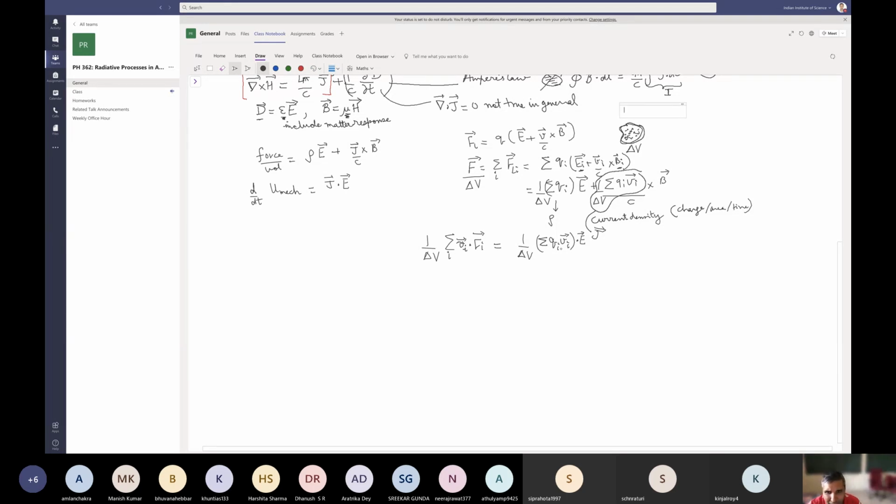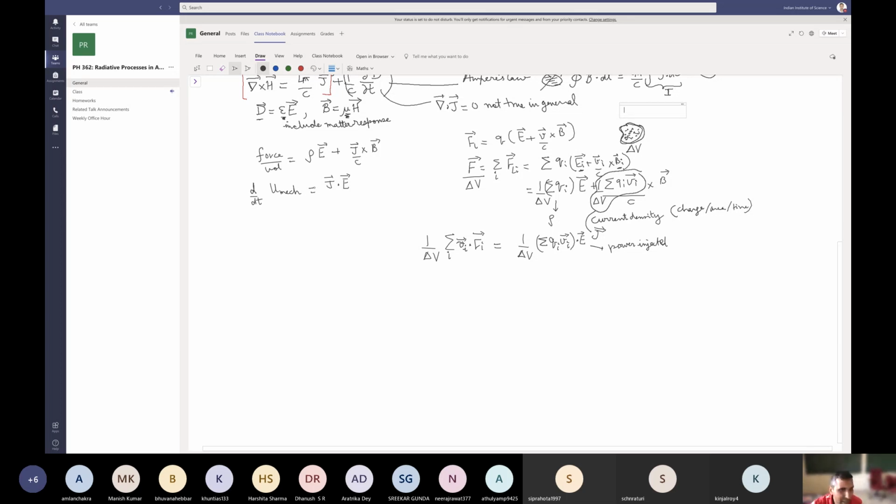This is the work done by the electric field on this ensemble of charges per unit volume, work done per unit volume per unit time. So this is like power injected by electromagnetic fields in this volume. And where does this power go?